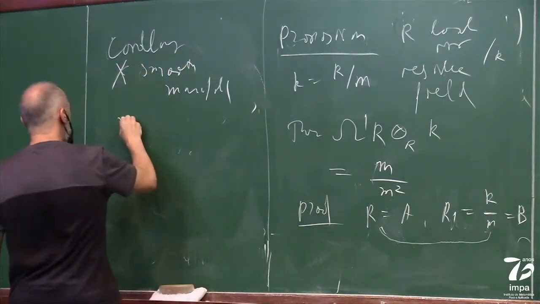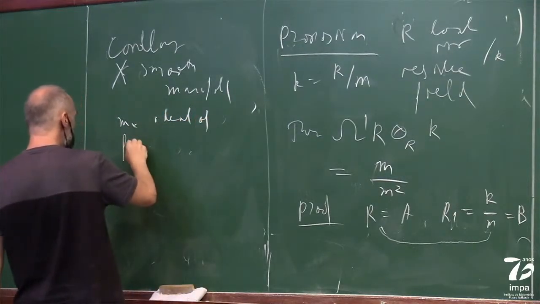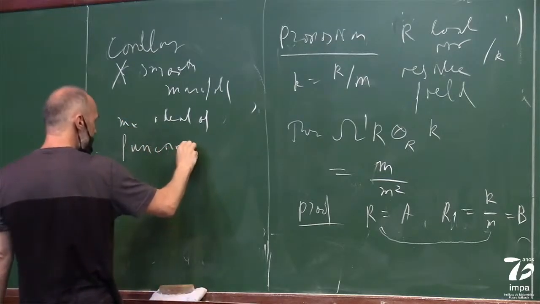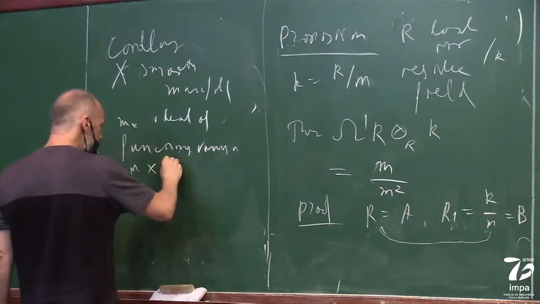Have mx ideal of functions. So x is a point, vanishing in this point.